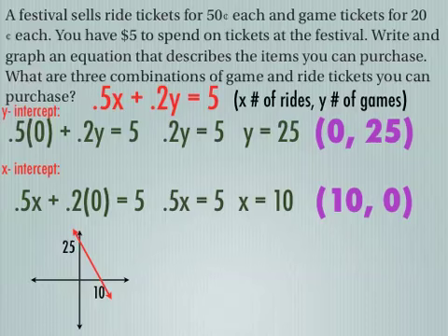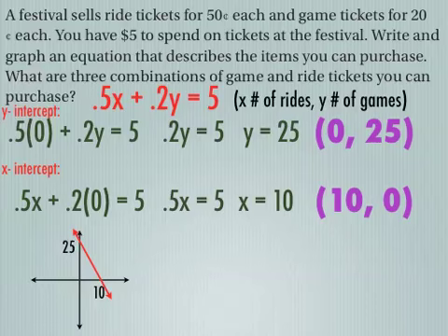The last thing they asked me to do says, what are 3 combinations of game and ride tickets you can purchase? There are several different combinations that you could use. I've already found 2 different combinations of ride tickets and game tickets that I could purchase with my y- and x-intercept.